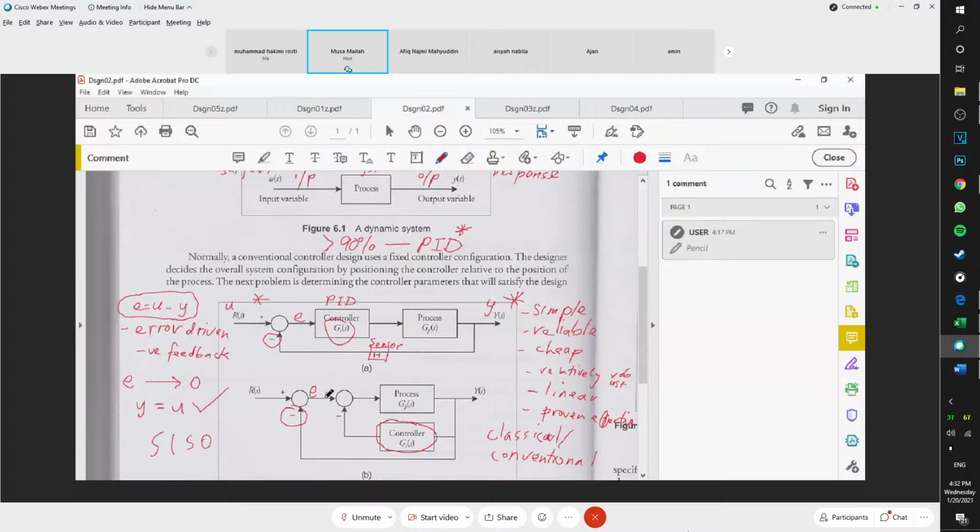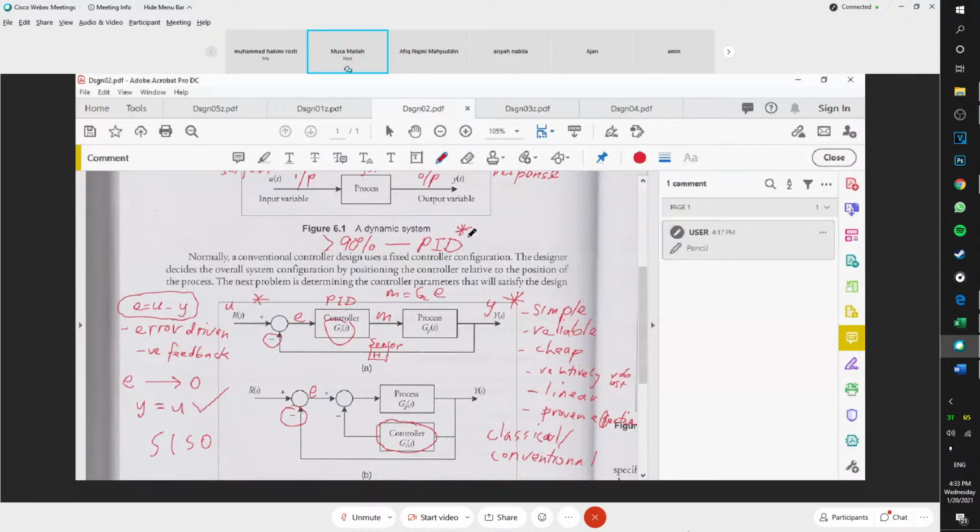This error plus your controller then becomes another control signal to actuate your process. Same here. Your E multiplied with GC, you will get your M. So your M is equal to GC multiplied with E. Am I right? If your GC is K, only a proportional element, then M is equal to K E. Right. Okay, I told you it is PID, right?